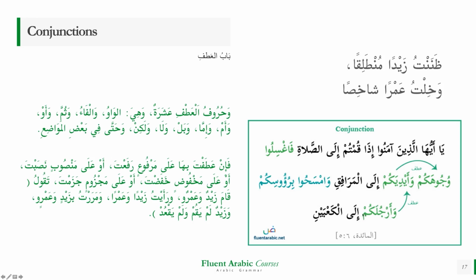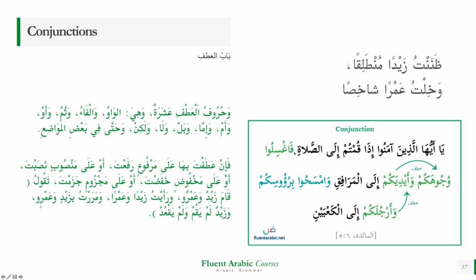And as it is in nasb, let's look back to what it is linked to. It is linked to the word وَأَيْدِيَكُمْ. So it is also mansub. It is following the grammatical state. So this is actually a maf'ul bihi of اغسلوا, wash.